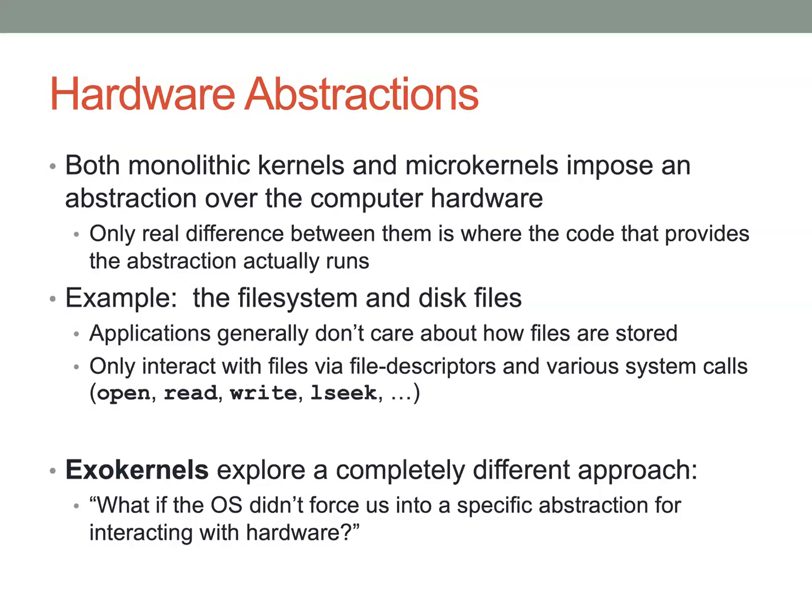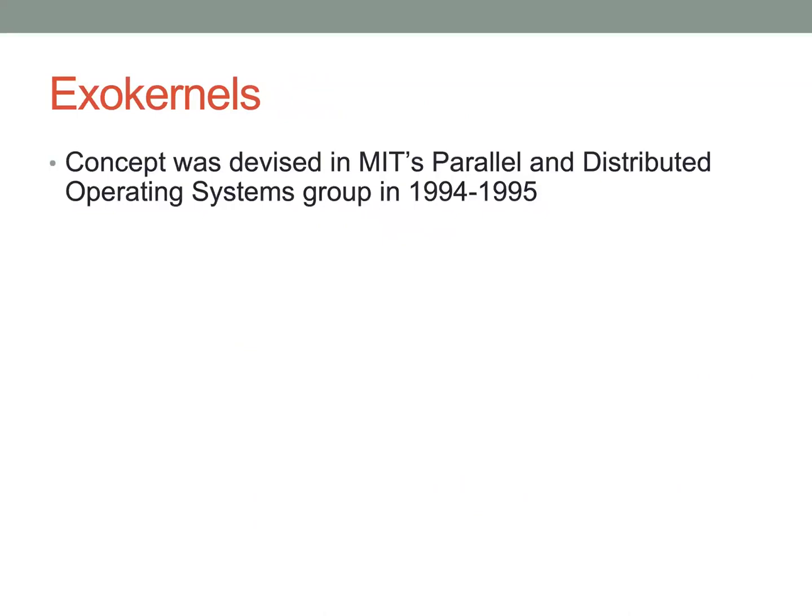Now, obviously, this isn't going to happen in every scenario, and that's a good thing. But in situations where you see a big benefit, exokernels allow easy access to the hardware directly. So this is something that was done at MIT in the PDOS group, so Parallel and Distributed Operating Systems.